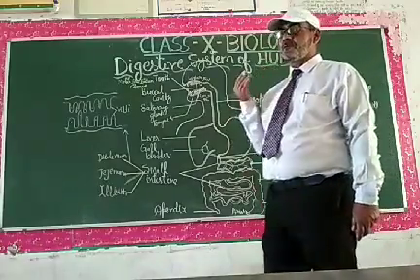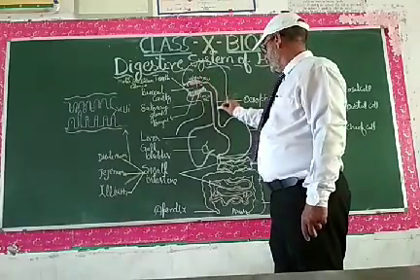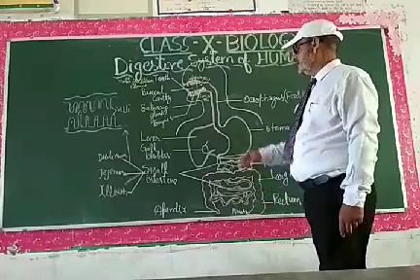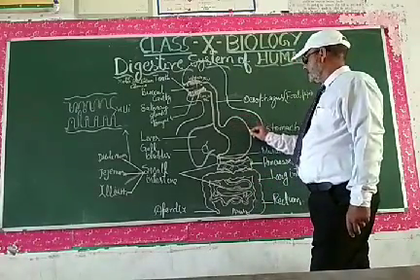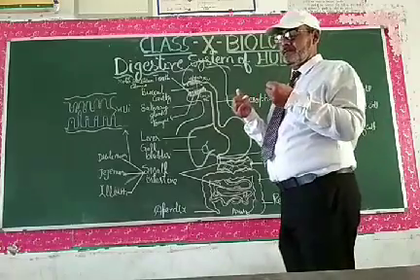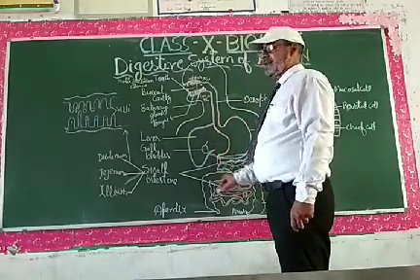The movement responsible for the transfer of food from the buccal cavity to the stomach is called peristaltic movement, and this peristaltic movement continues in the stomach for the crushing and mixing of food, and it continues to the small intestine and large intestine.